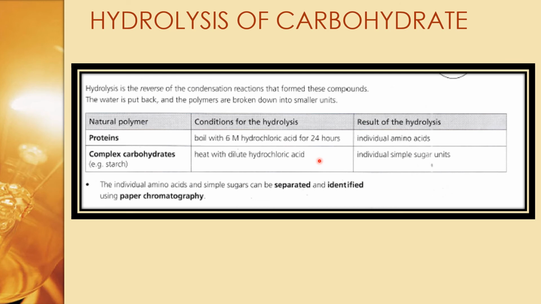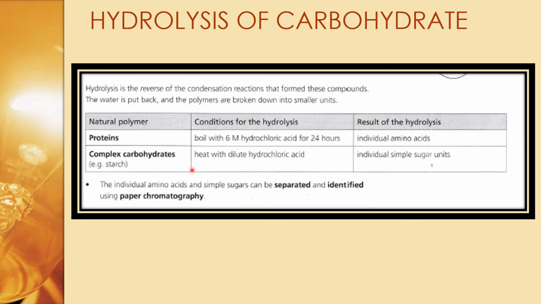Up to you, you can say how many minutes you want to heat with dilute hydrochloric acid, and how many ml of hydrochloric acid you need. As a result of this hydrolysis, you get the simple sugar units. To test which simple sugars they are, you use paper chromatography.